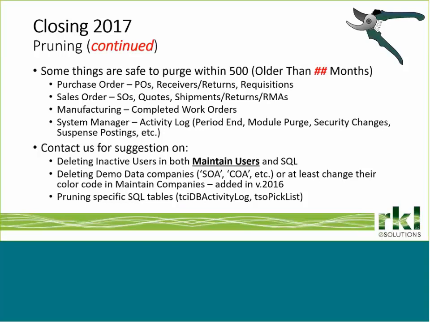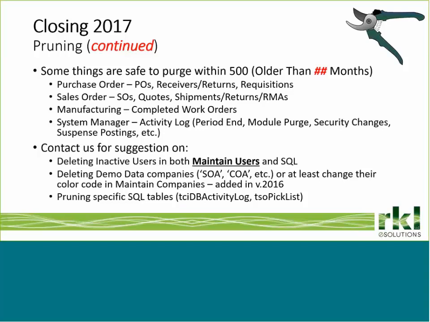So even though the period end purging tasks are not recommended, there are a few places where you can go in and safely purge some data if you decide that you don't need it. Within the purchase order module, there is an option to purge old closed purchase orders, receipts of goods, returns, and requisitions.